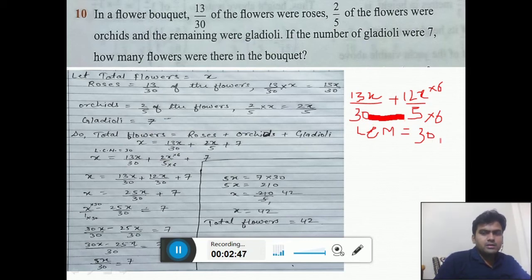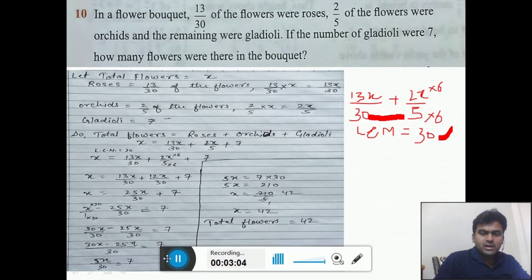It is 30. So this fraction is already having a 30 as a denominator, so make this 5 as 30, so multiply it by 6. So after multiplying it by 6, it will become 12X upon 30.